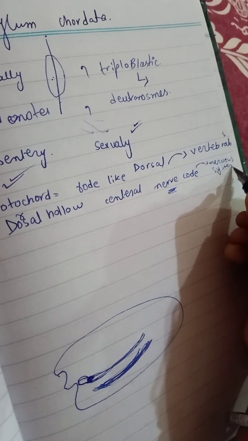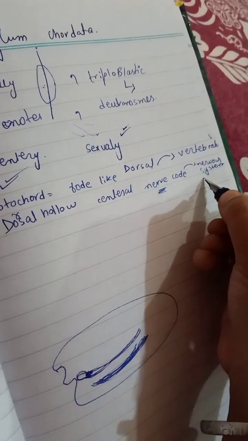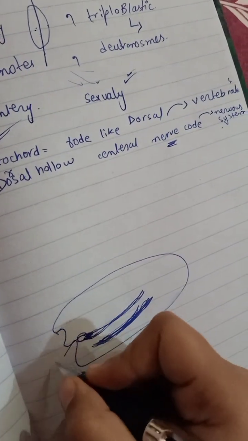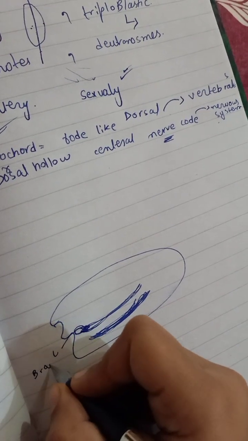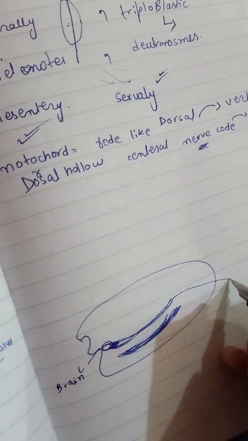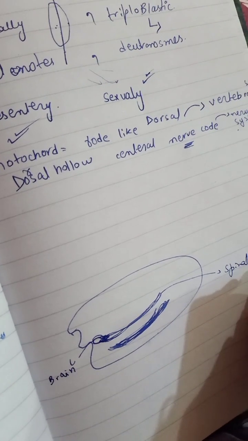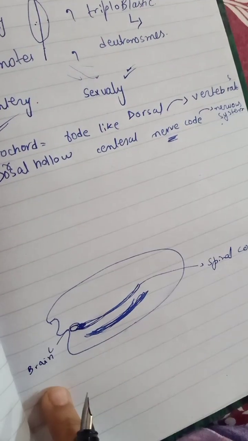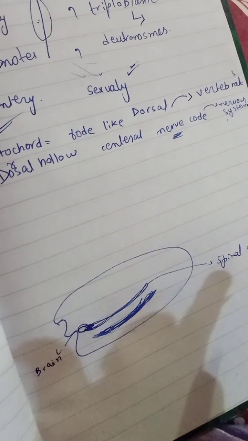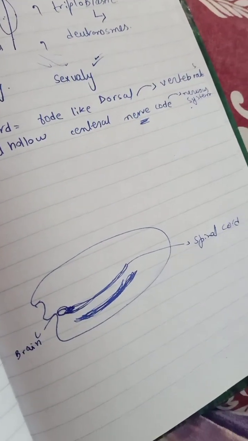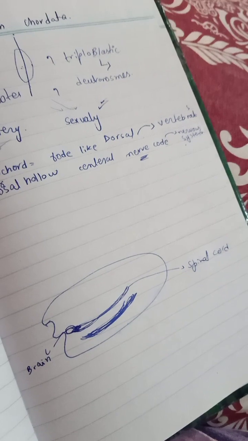When it changes into the nervous system, it divides into the brain and the spinal cord, which means at the anterior and posterior side it divides into the peripheral nervous system and the central nervous system.